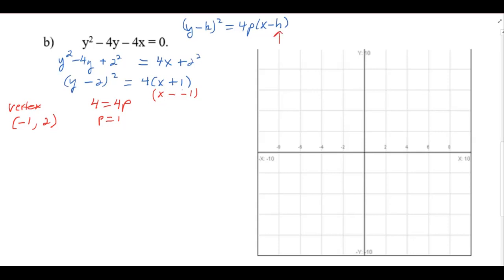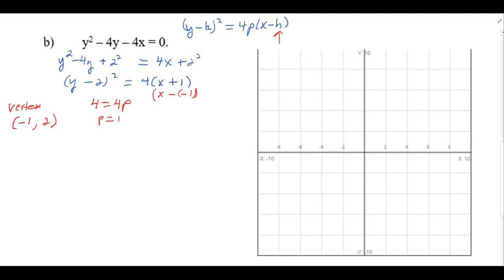The h value is actually -1. So here's our vertex. Now, we could probably construct more information from this, but let's just go right over to the graph and see what we can put on here. So -1, 2 is the vertex.